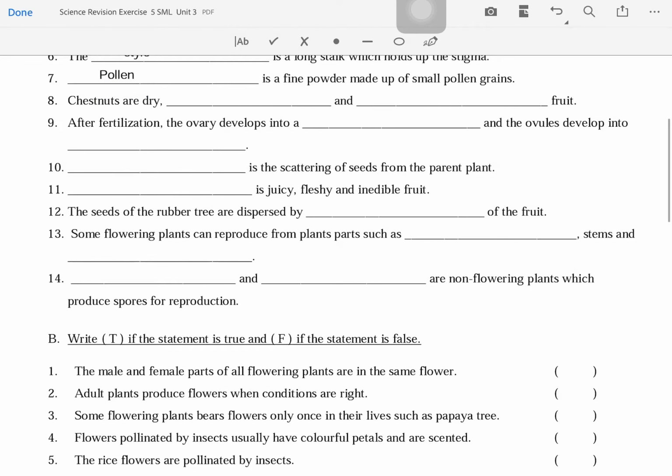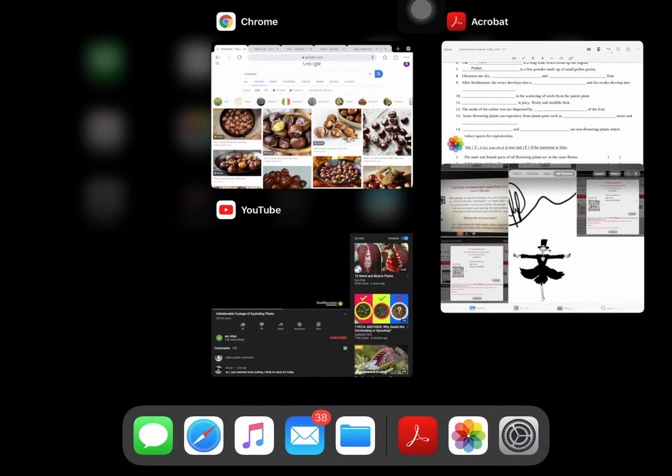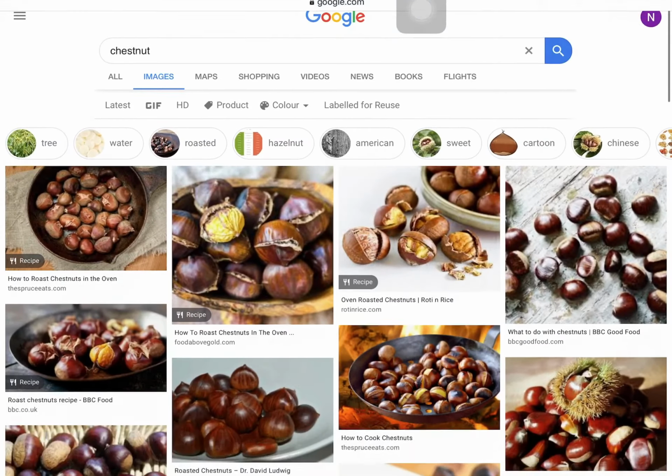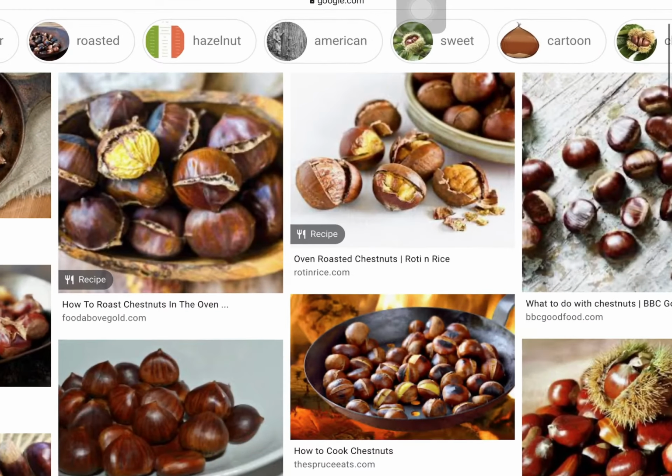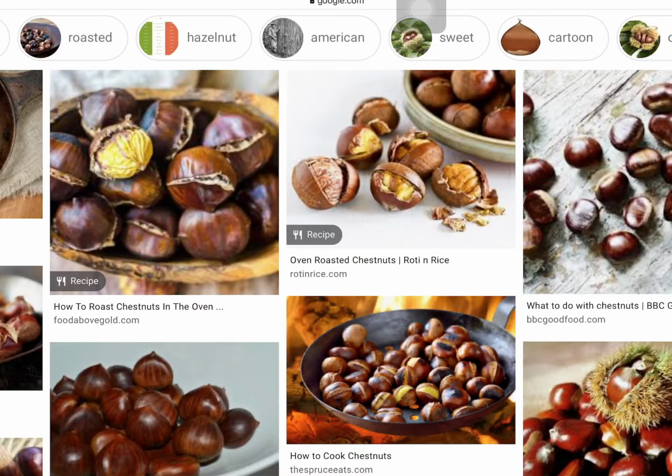Next question, question number 8. Chestnuts are dry and what type of fruit? First of all, we need to identify what a chestnut is. So this is a chestnut. Usually we can find it roasted and edible.